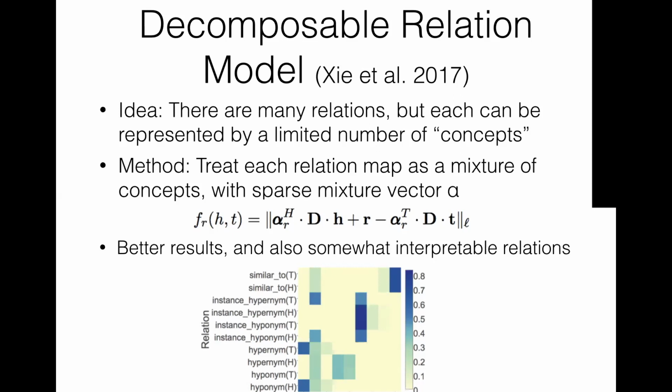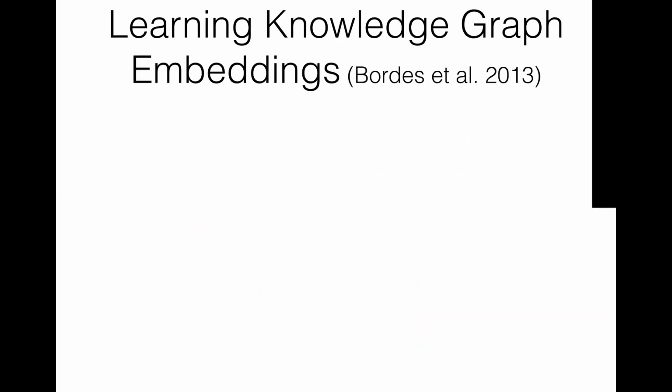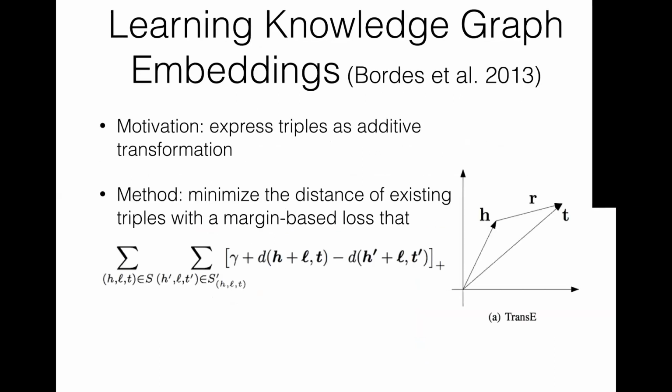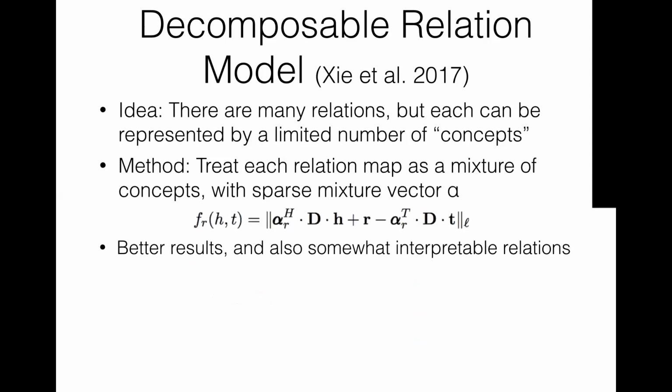So the alpha times D, the linear interpolation of all the concept matrices, will be influenced by a certain concept much more depending on the relation. After learning, sorry, this equation f of ht is basically the distance function of this D here. So you can substitute this D distance function with this f ht and do a similar kind of optimization.